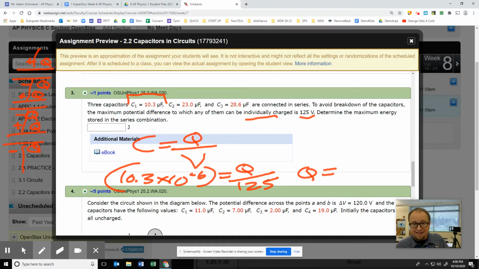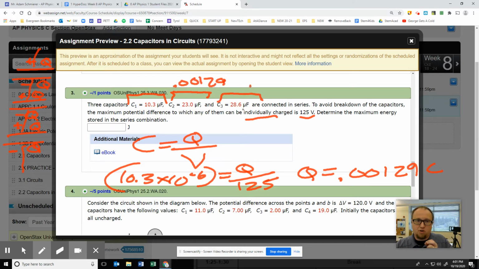You remember, you have slightly different ones. So 10.3 times 125 times 10 to the negative 6, I get 0.00129 coulombs. Now, that's a start, okay? We haven't even talked about energy yet. So watch this. That's the same amount of charge that's going to be on this guy.